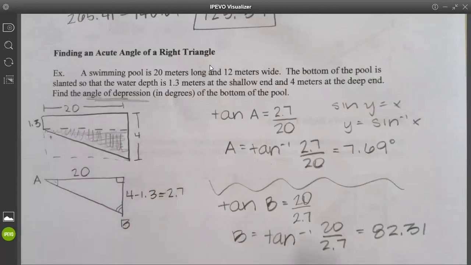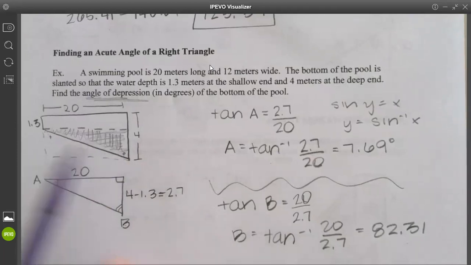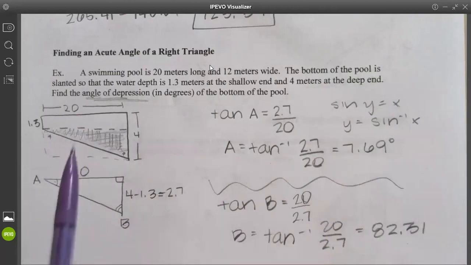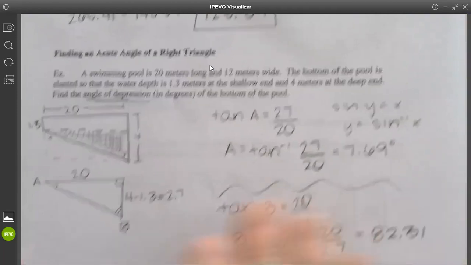So if we're looking for this angle, it's going to be 82.31. But it said, again, the one from the top looking down. So like if you were on the building looking down. Yeah. All right. Flip it.